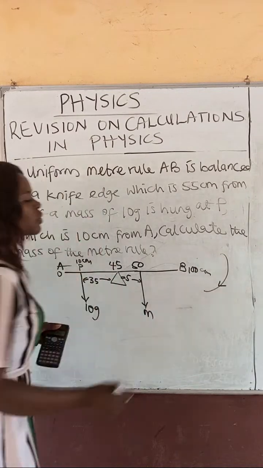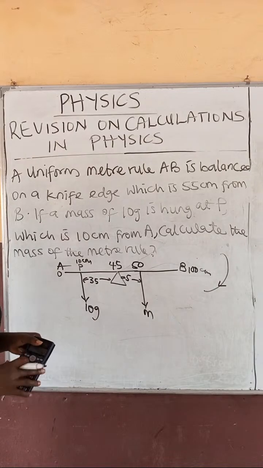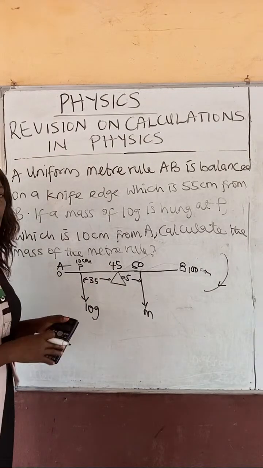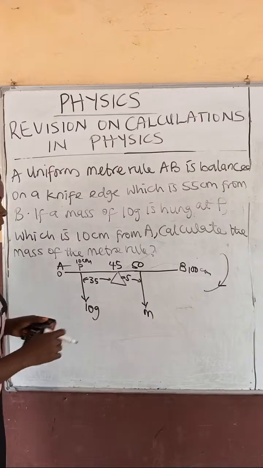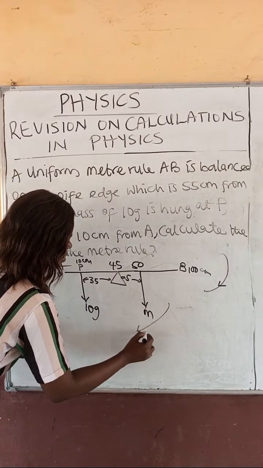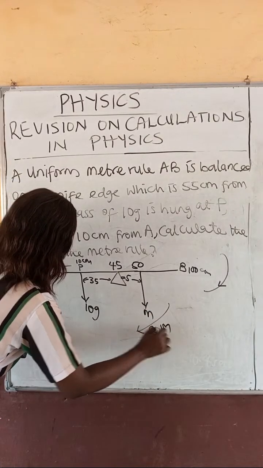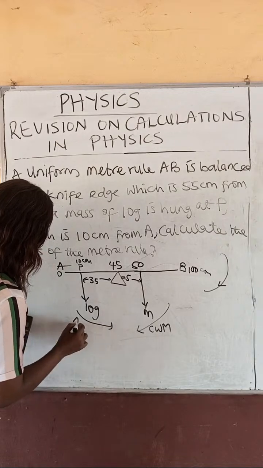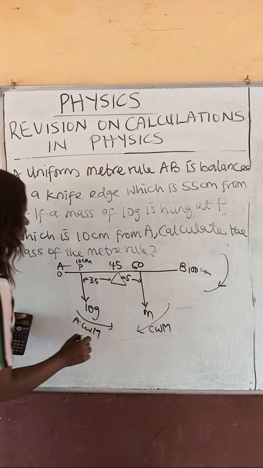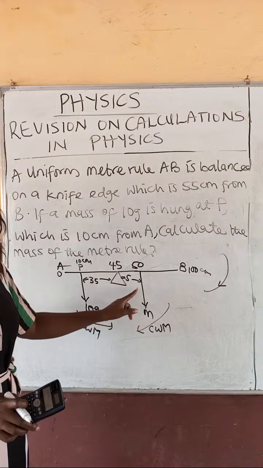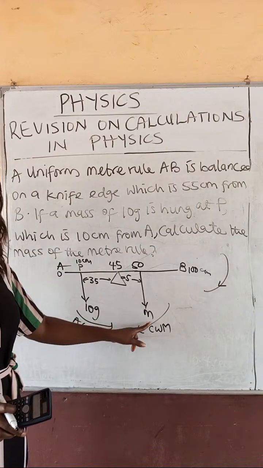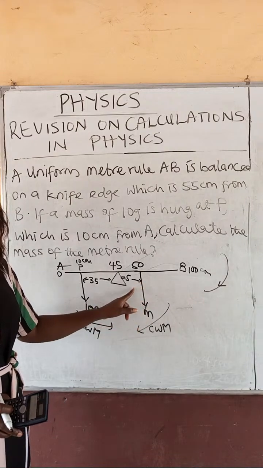So this is said to be clockwise. Okay? Anything that crosses is no longer clockwise. So I go this way. This is clockwise moment, while this is anti-clockwise moment. And moment is the force multiplied by the perpendicular distance.